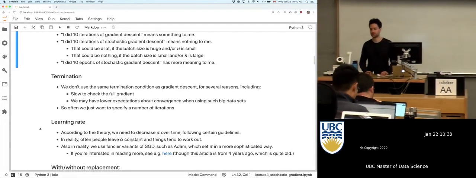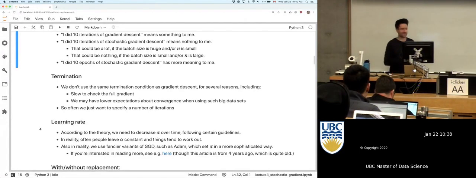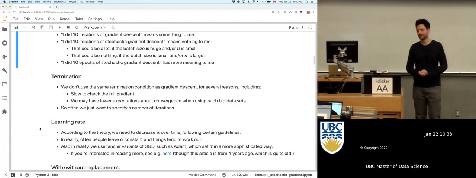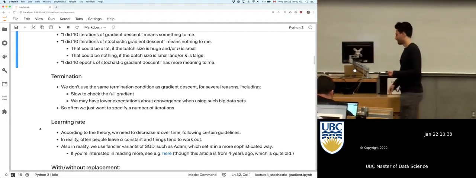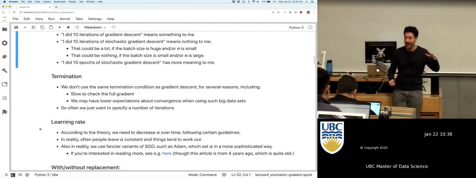Yes, for Khan. So is there any relation between the number of epochs you normally do when the data set is large to get a good convergence? There's not exactly a rule. You can't really know how many epochs you're going to need. You tend to see numbers like 5.